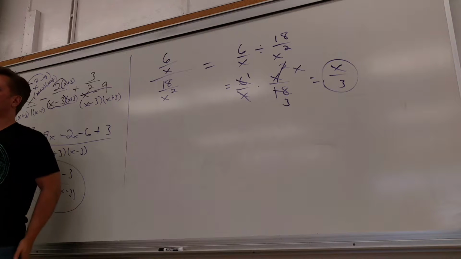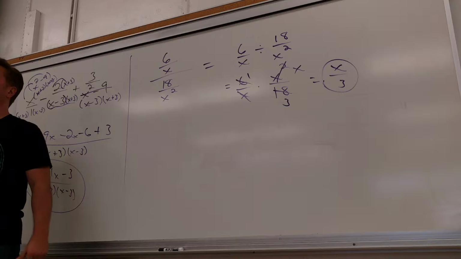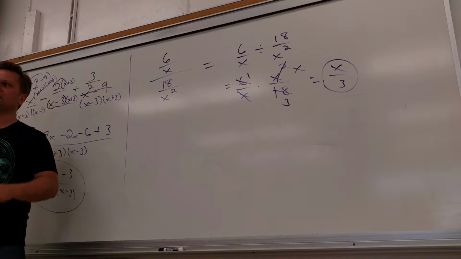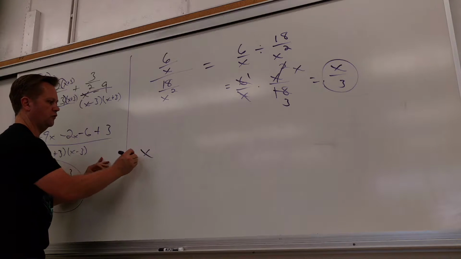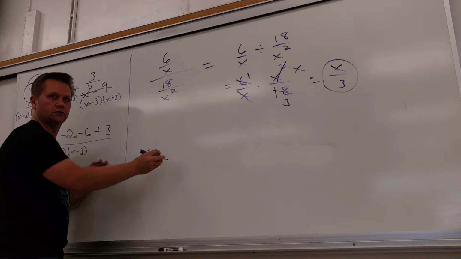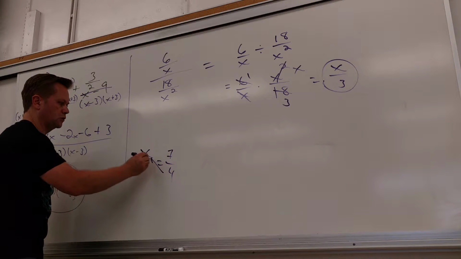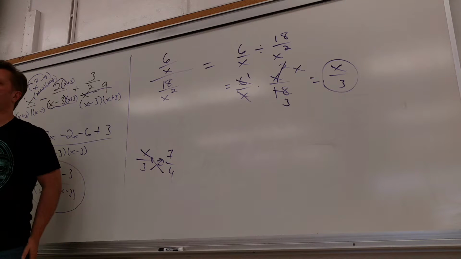Real quick word, because I know what some of you guys are going to do. There's something called cross multiplication. There's only one time in the universe that you directly use cross multiplication, and that's when you have 1 fraction equals another fraction. Then you can cross multiply. Nowhere else will that work directly. Why do I keep saying that word directly?